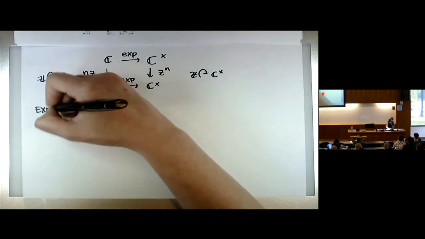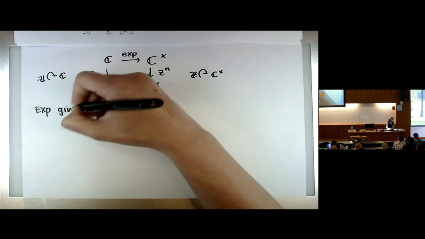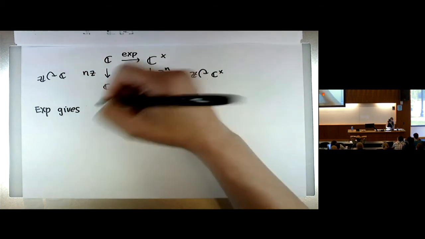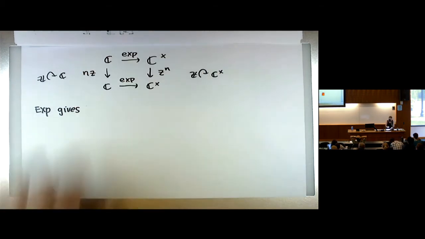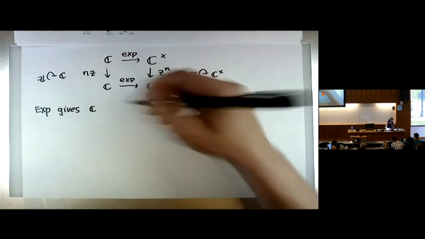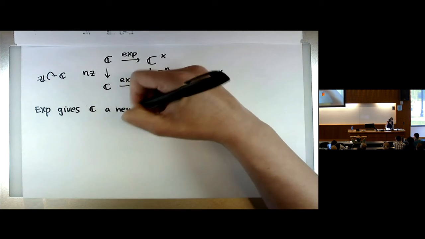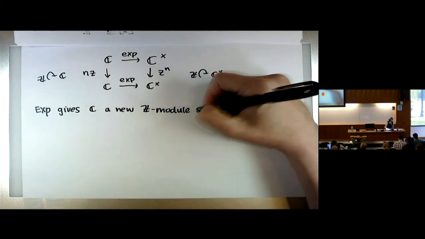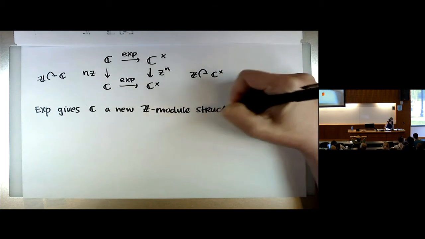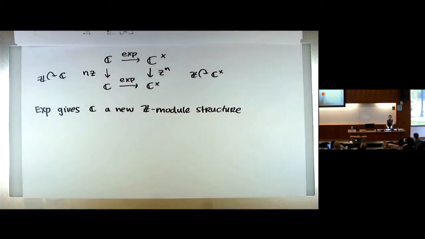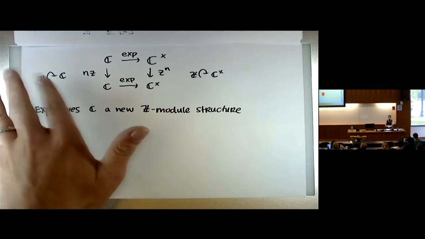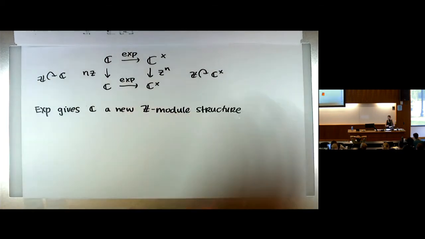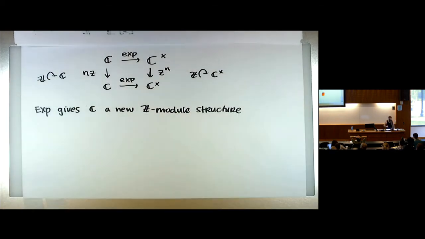The exponential function gives, and I'm being a little wishy-washy here because on this side I have C and on this side I have C cross, C a new Z-module structure. Which, if you don't know what a Z-module structure is, that's what I just said. Like one way to act by n and another way to act by n.